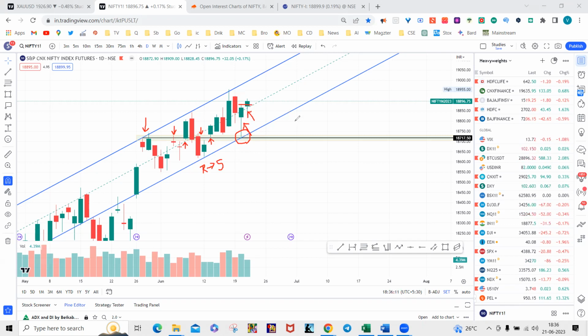So overall, on the daily chart at least, the chart looks bullish, with a probability to test the upward channel and break the all-time highs in the Nifty futures. This Nifty futures all-time high is 18,955. So the probability to break this all-time high, I think, is increasing day by day.